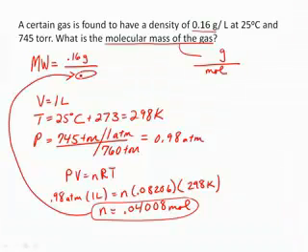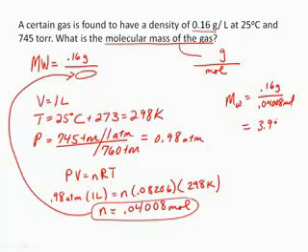So we'll carry the calculation over here. 0.16 grams divided by 0.04008 moles gives me a molar mass of 3.99 grams per mole. So this is most likely helium. Okay, so there's that kind of problem.